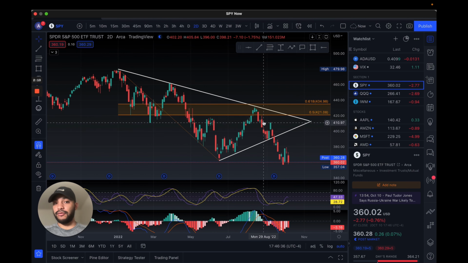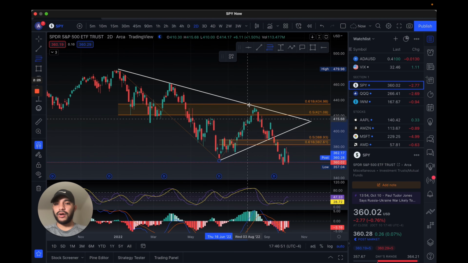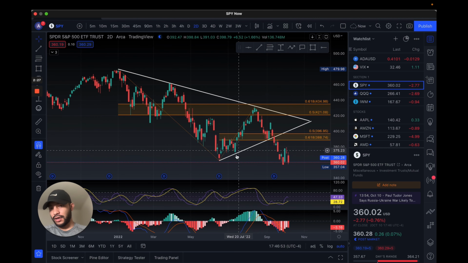And so I was loading up 410 and 400 puts, just because I knew that when we come from here to here, we were expecting to come back to this kind of trend line. So even if we wanted to get kind of an expected place of where we're going to go based off of where the price action is currently, I would just click on my fibs, which I just did.